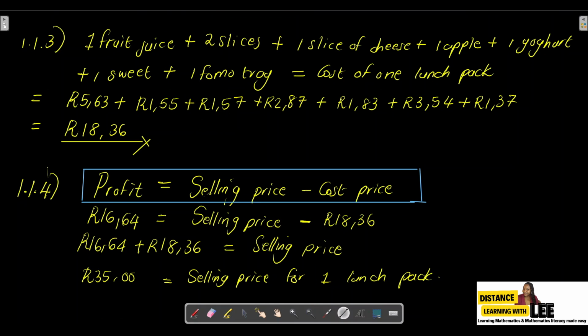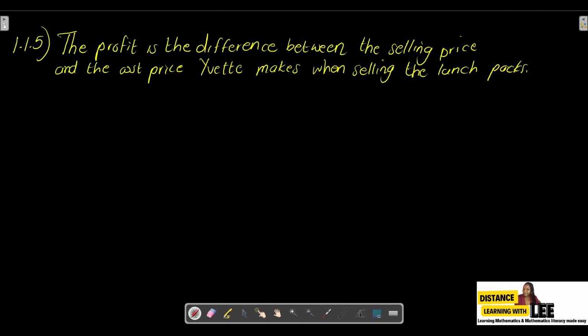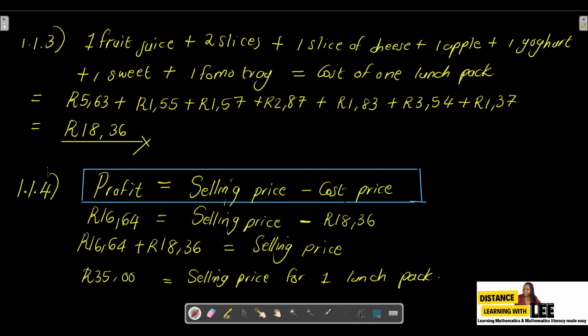So that is exactly what we're going to write. We literally just use this formula that we used in question 1.1.4 to define what a profit is. It is the difference between the selling price and the cost price that Yvette makes when selling the lunch packs.